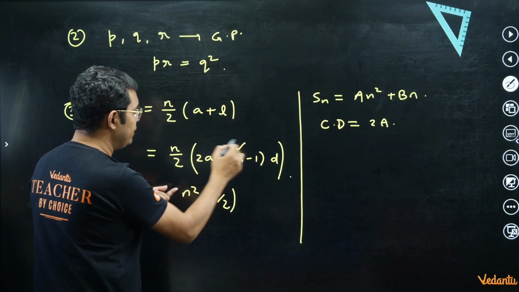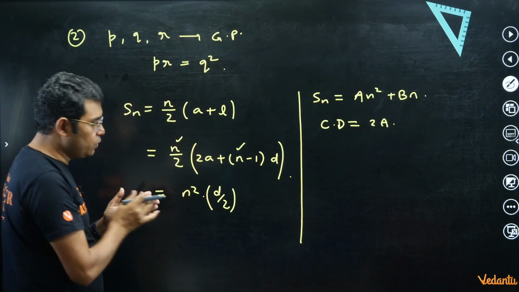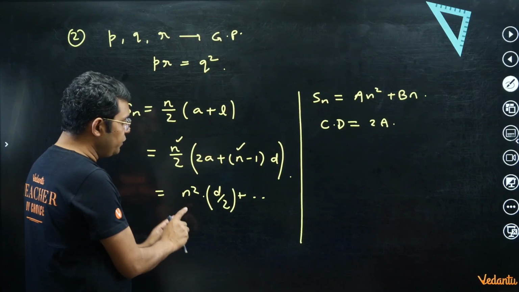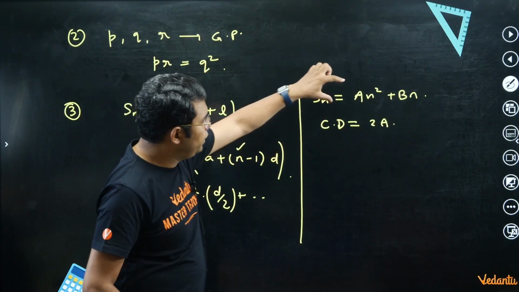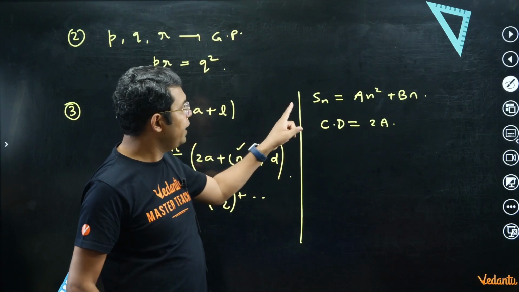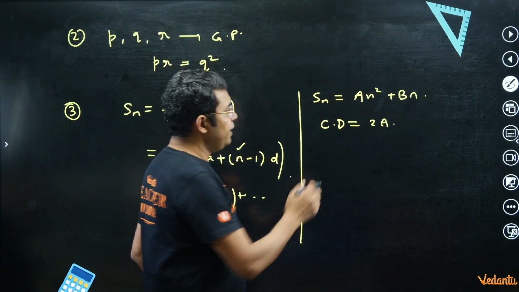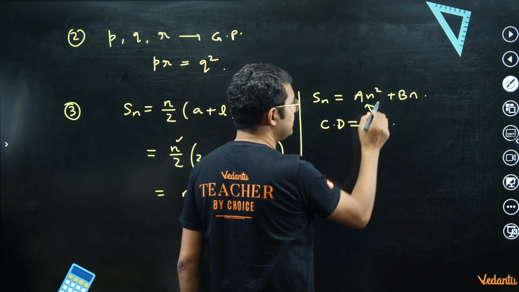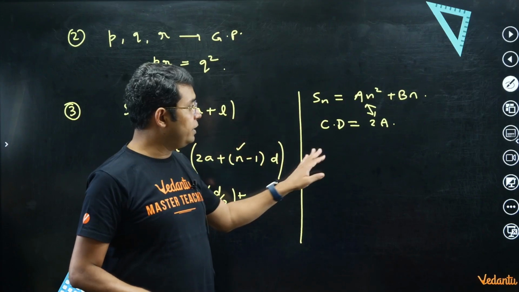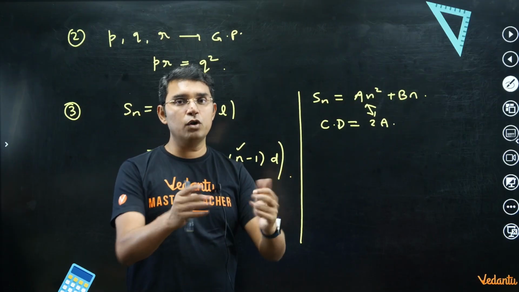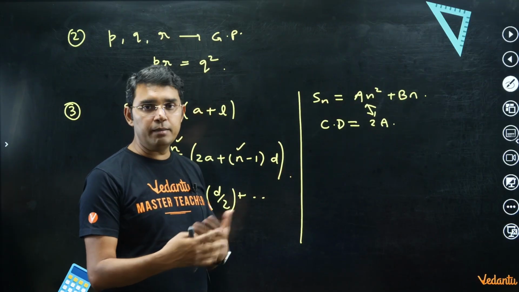The n when multiplied with this n will give you the term of n square. There will be some term of n also that I am not bothered about, but the coefficient of n square is D by 2. So common difference will be 2A if leading coefficient of n square is A, and that is both ways. If Sn is this, common difference will be 2A. If common difference is 2A, then Sn will be A n square plus B n. B is some other constant you can find using some condition.